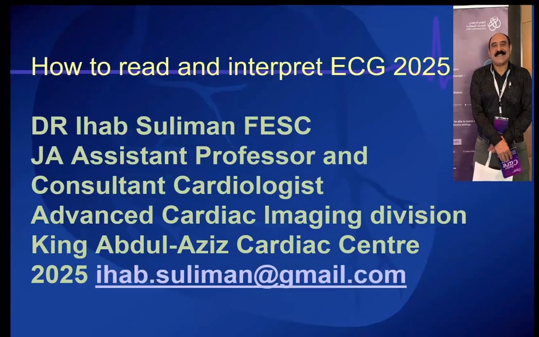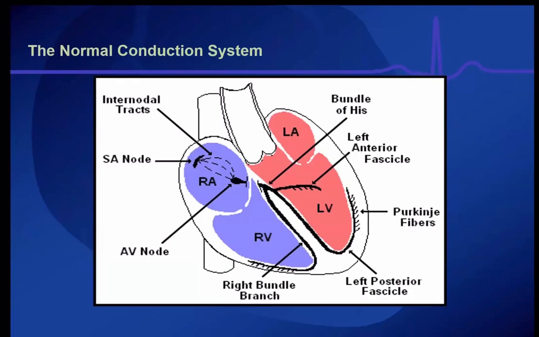So we start with how to read and interpret ECG. We start with this slide, which shows the conduction system of the heart. You can see this is the SA node, which is located in the upper part of the right atrium.